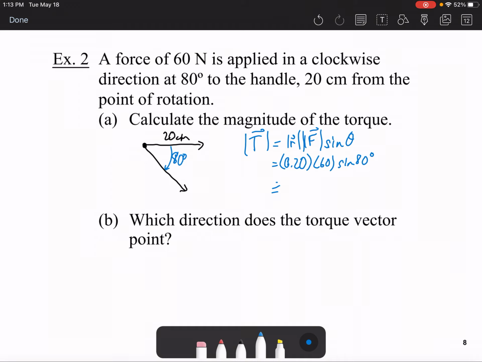I'll grab my calculator and plug this in and work it out. And I get about 11.818 newton meters in size.